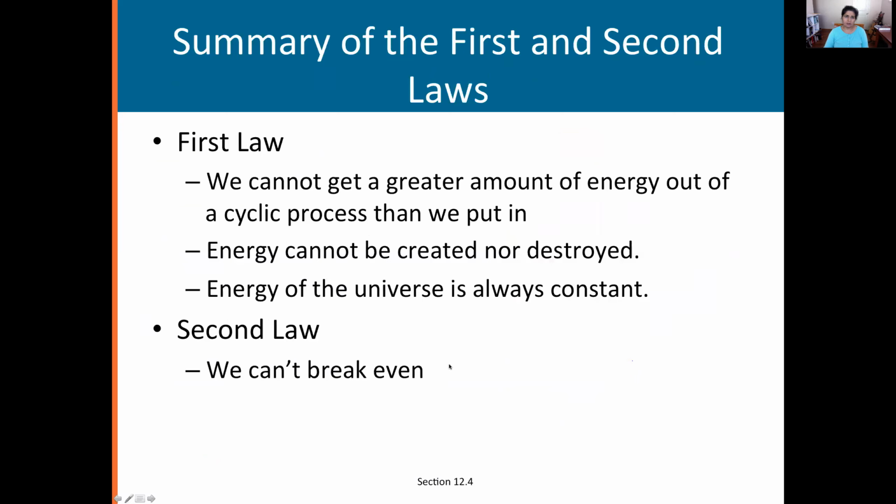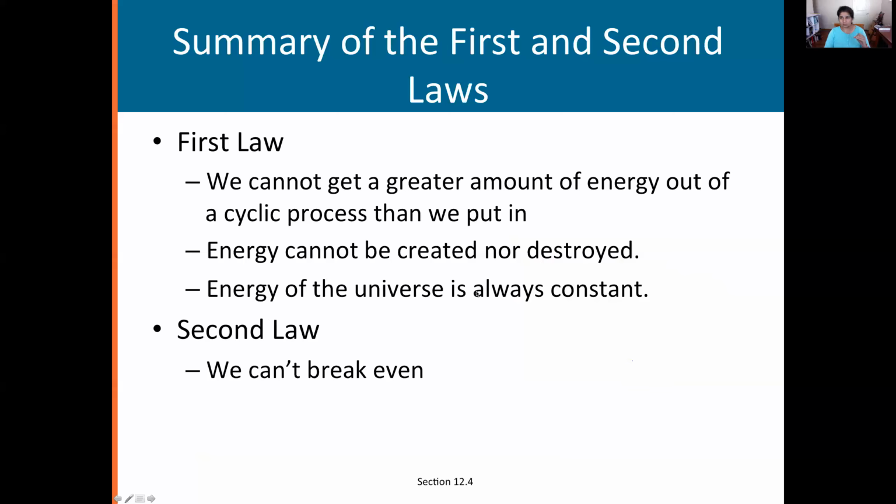So in summary, we've now seen two laws. The first law tells us that you cannot get a greater amount of energy out of a cyclical process than you put in. So delta U equals Q plus W. If you put in Q and W, all you're going to get out is the change in internal energy, delta U, which is equal to those two. Cannot be greater. Or energy cannot be created or destroyed.